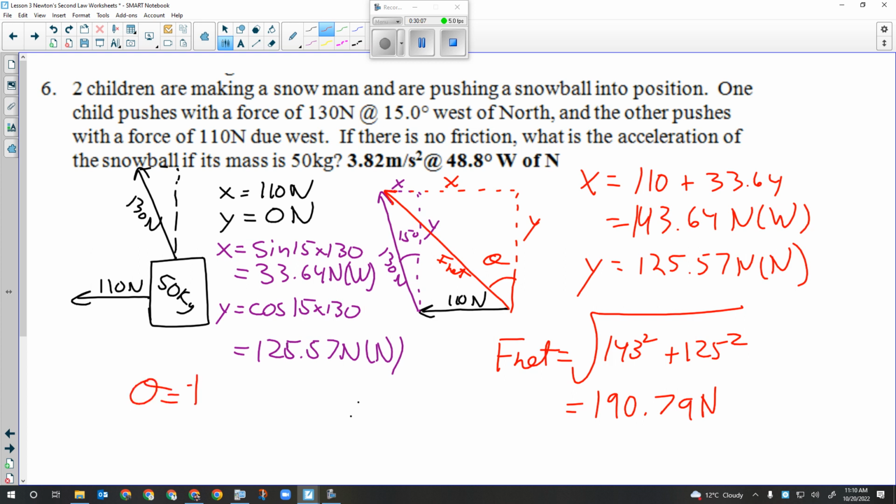I need its vector, so I've got to find theta. I can use tan for that because I know the opposite and adjacent sides. So tan to the minus 1 of, the way I drew this, x over y. That'll be 143.64647586 divided by the 125.